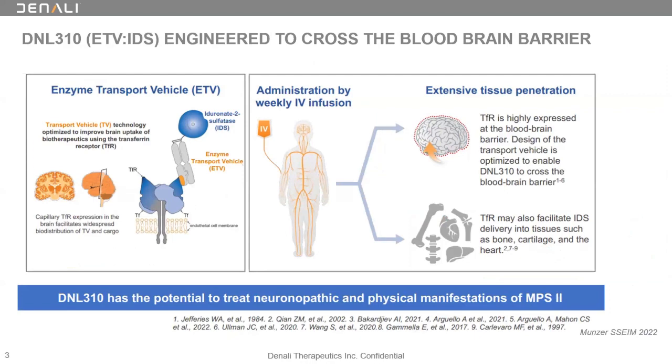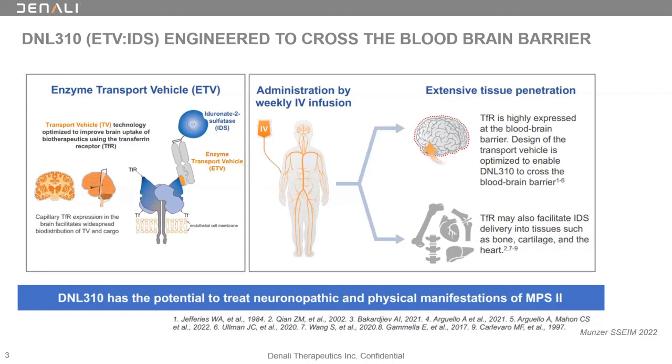In this format for the molecule, what is developed is a transport vehicle, which is an FC region with a region that is coded that binds our transferrin receptors at the blood-brain barrier. And the enzyme is then subsequently linked to this FC entity.